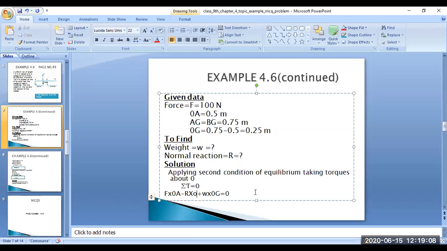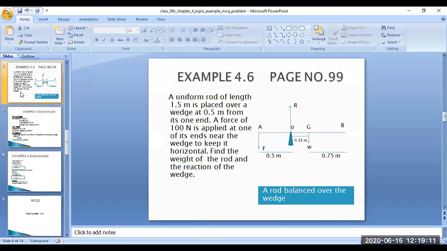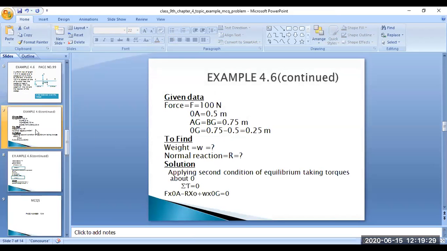So students, I'm going to take the convention. These are the two forces. Force F and W are acting downward, and this is the only force which is acting upward. So my convention will be that I'm taking the normal reaction as negative, because these two forces F and W will rotate the body in anti-clockwise direction, and the normal reaction will rotate the body in clockwise direction.